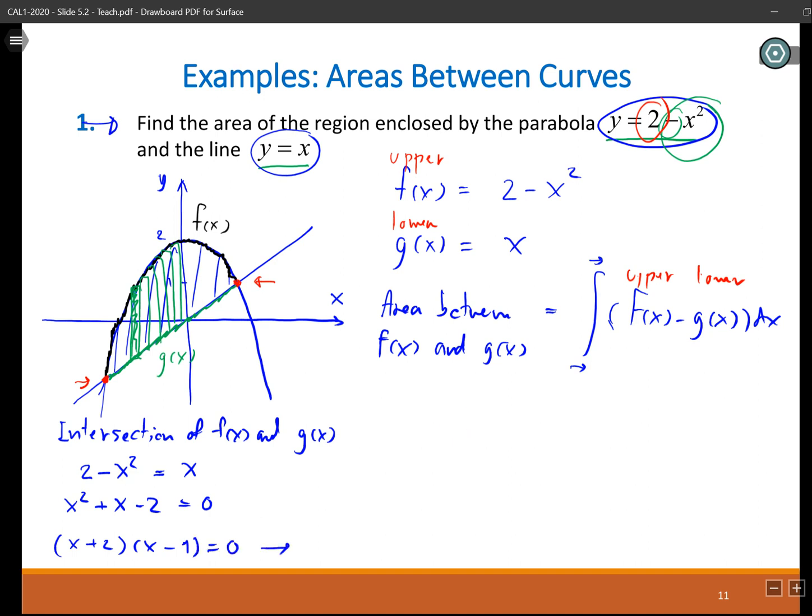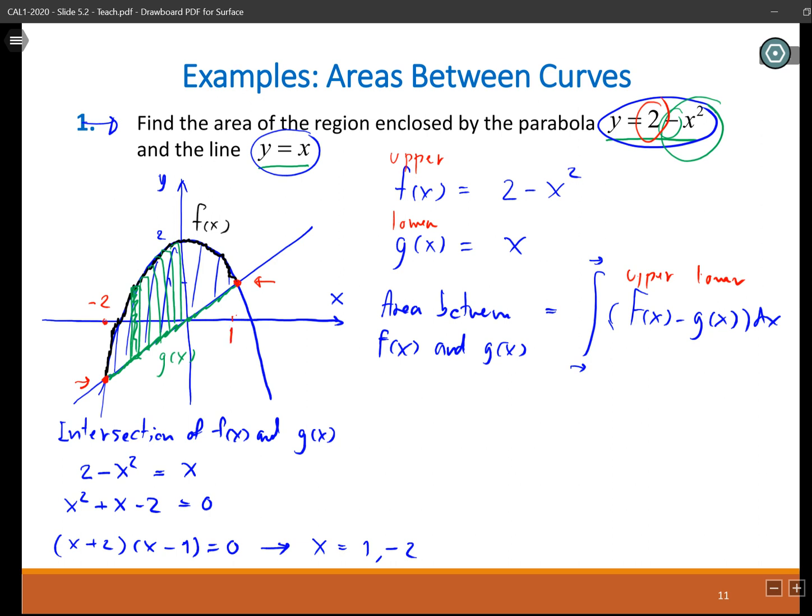Solving this, the equation is true when x equals 1 and minus 2. So the first point right here happens at x equal to minus 2, and the next point of intersection happens at x equal to 1.